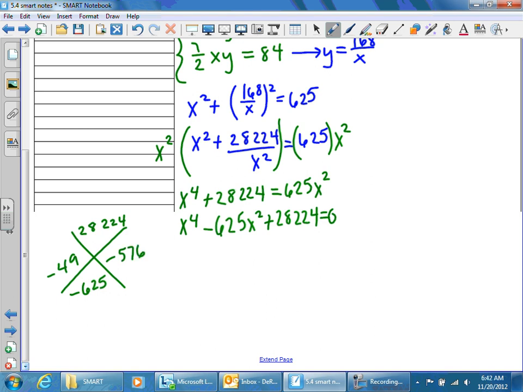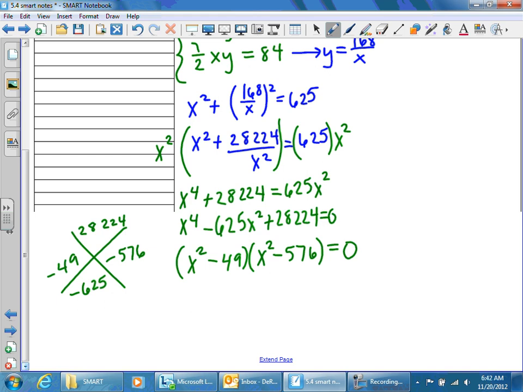I got negative 49 and negative 576. So when I factor that using my AC method, I got x squared minus 49 times x squared minus 576.